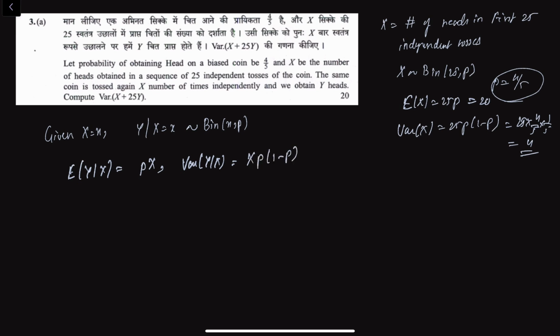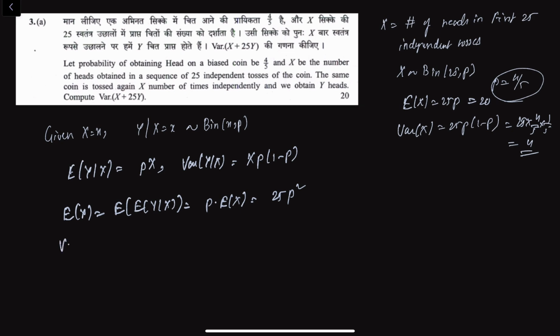So the expectation of Y is just the expectation of E[Y given X], that is p into the expectation of X, which is nothing but 25p square.